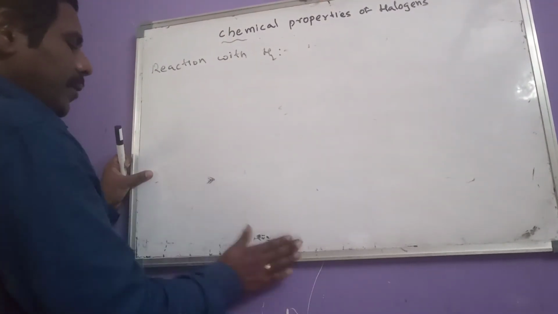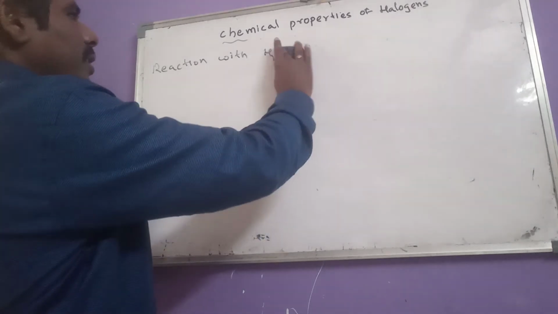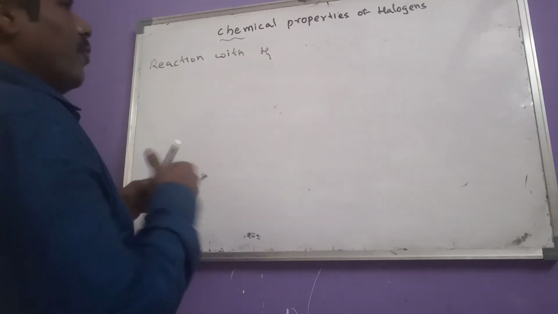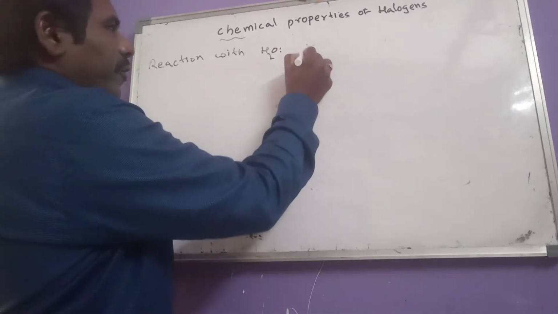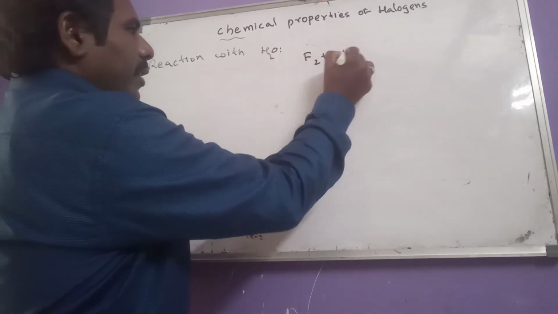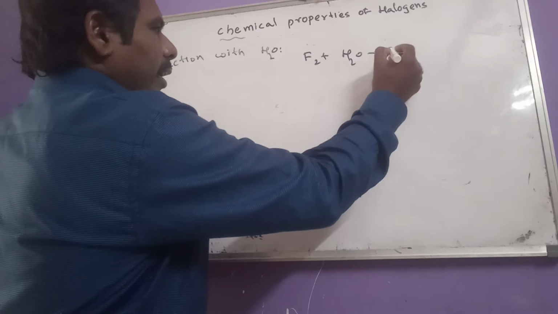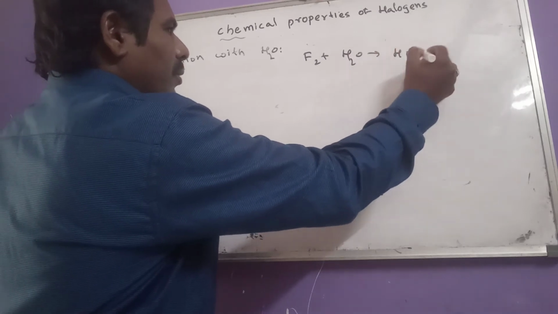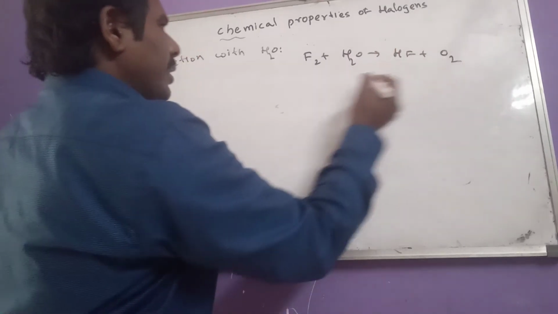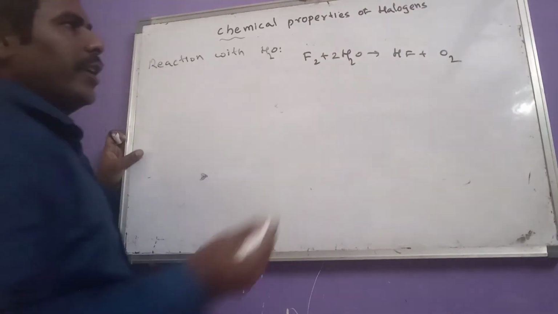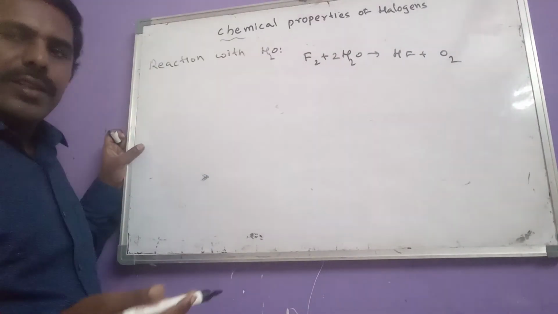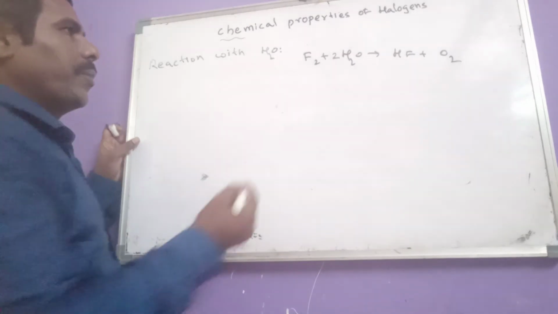Now let us go for reaction with water. What are the products of halogens when treated with water? First, fluorine when treated with water gives a mixture of ozonized oxygen. That means sometimes we may get oxygen, sometimes ozone.